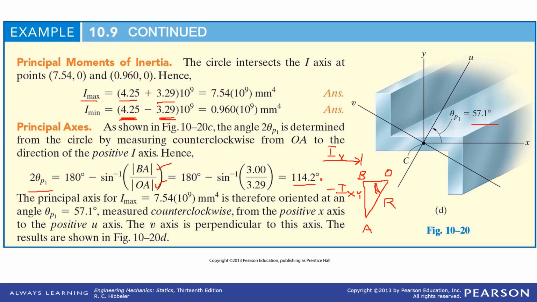Now, it rotates down like this. We are looking at the bottom. This diagram here is of the bottom left. So we're just switching to the top right to get our theta p, counterclockwise. Okay. And the v-axis is just perpendicular to the u. That's it.